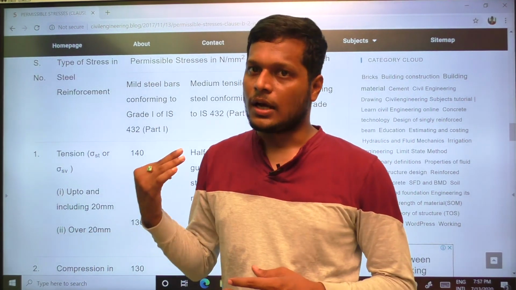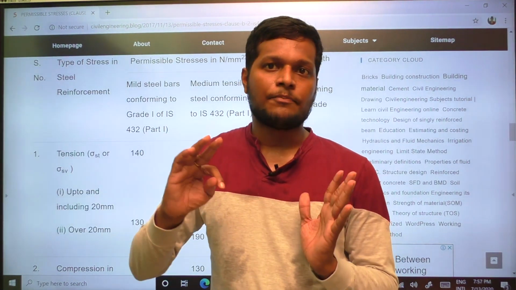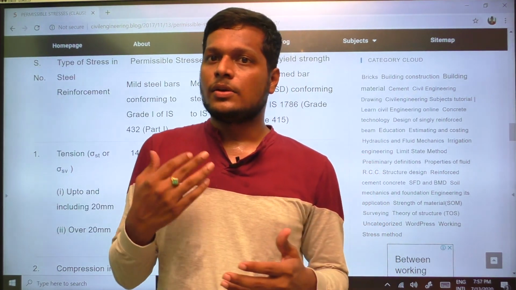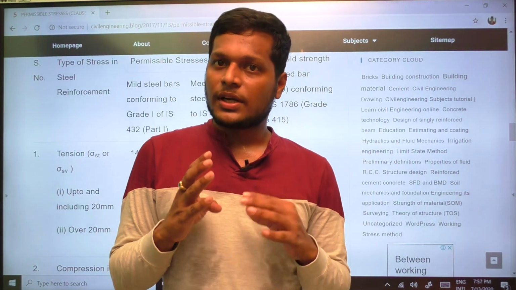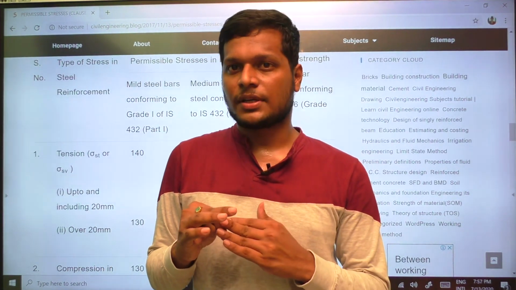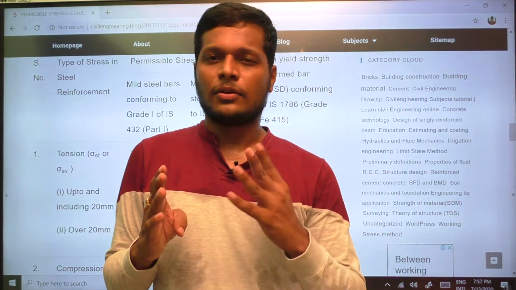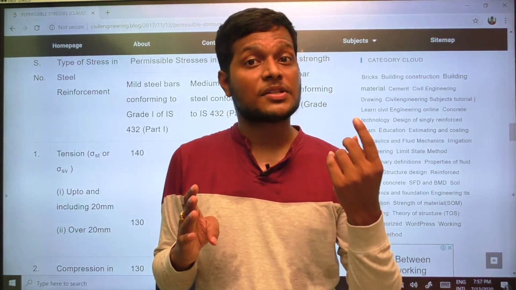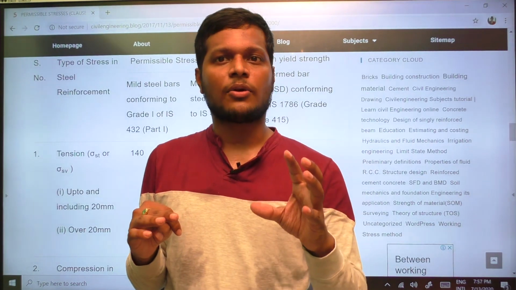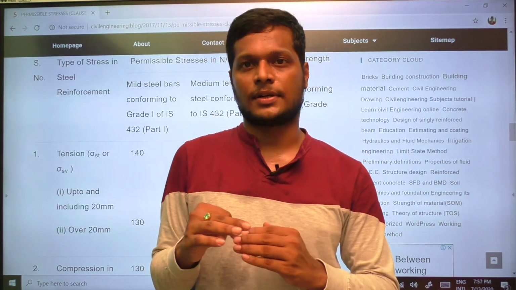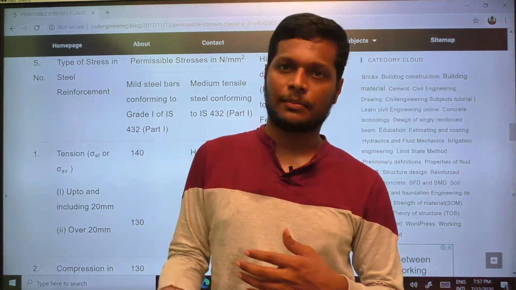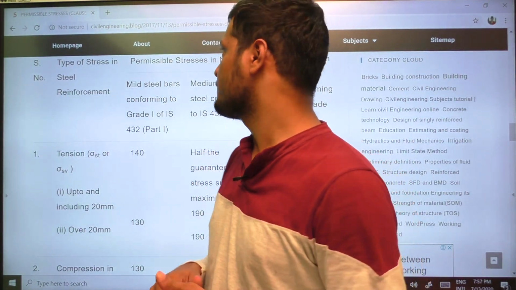These two factors also affect it, so not only just dividing by 1.8, sometimes they will specially mention the diameter and grade of the steel. If they mention grade 1 steel, you need not do anything. If they mention grade 2 steel, then you have to reduce 10% of the strength and write the remaining strength. Remember this.